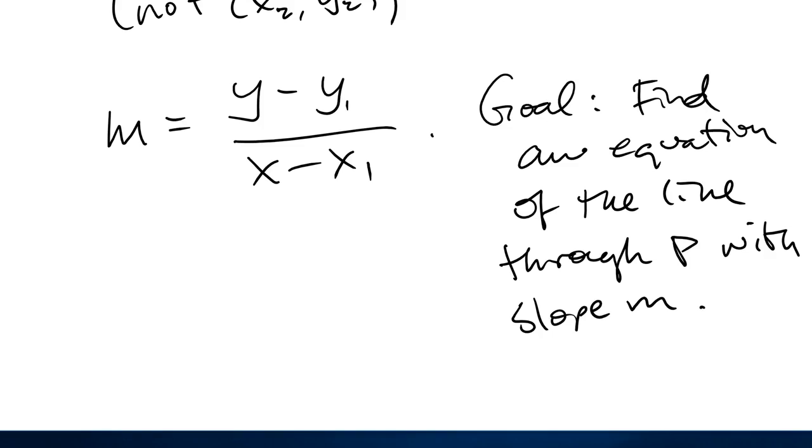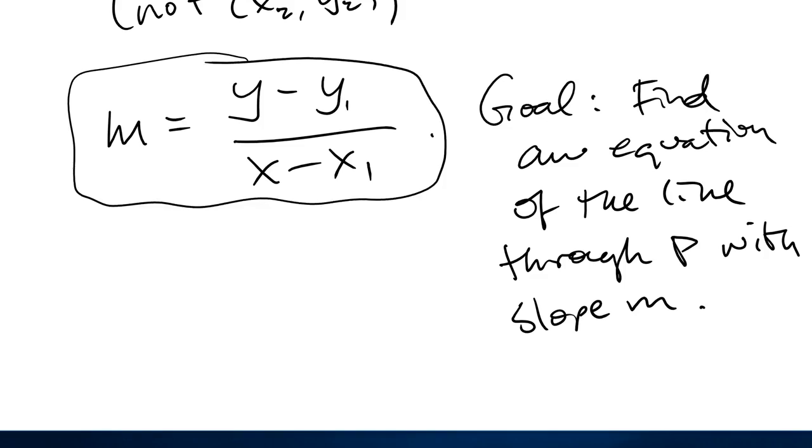Now, this here will describe it. We're almost done. In fact, this is just as good of an equation as any other. Because why? Well, the only characteristic of a line is that it has a certain slope and it goes through a series of points. That's all it is. Okay?